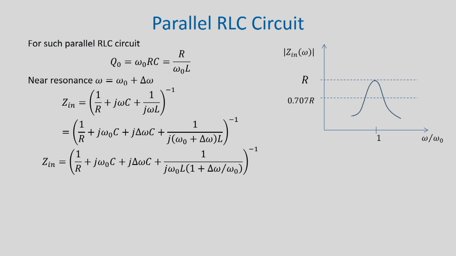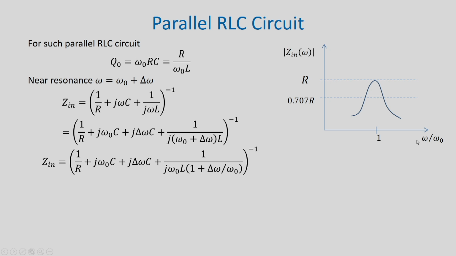And if we plot the variation of magnitude of Zin with respect to omega by omega naught, then we will have the maximum value of the magnitude of Zin at omega equal to omega naught.